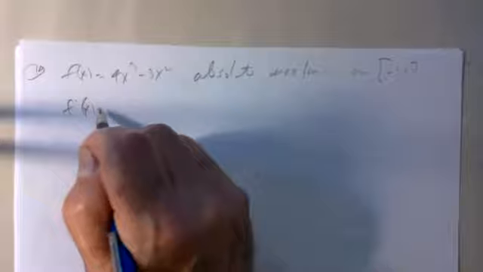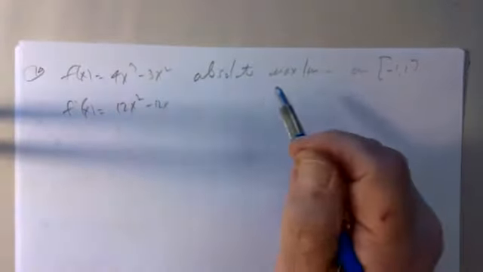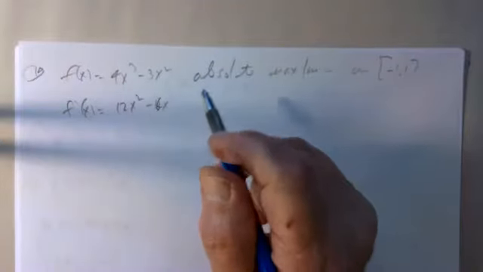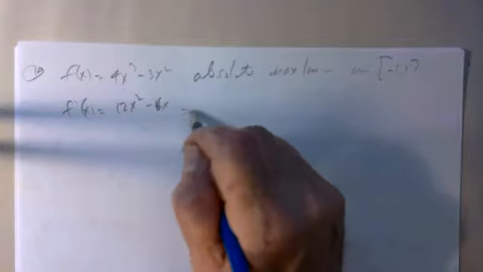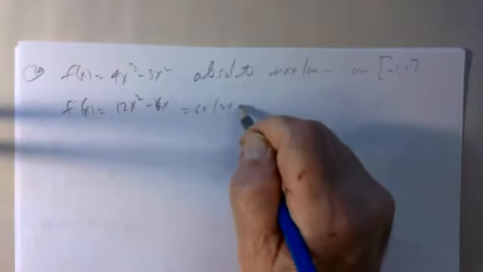So the first derivative gives us the relative maxima and minima, 12x squared minus 6x. So this is 6x times 2x minus 1. So x equals 0 and a half are where you have the relative maxima and minima.